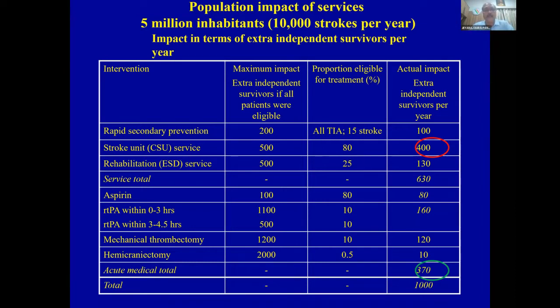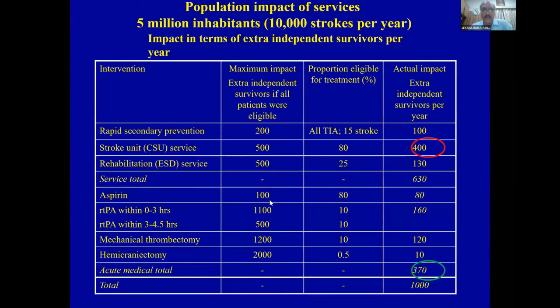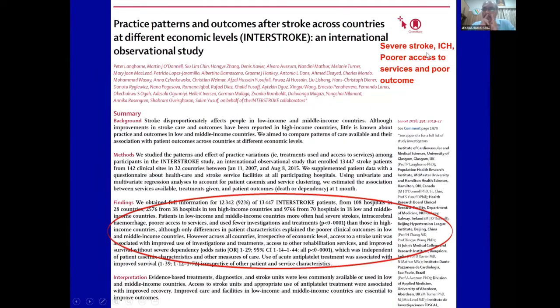If you look at this INTERSTROKE case control study, they looked at about 13,000 patients, and globally it was done in 108 hospitals in 28 countries. And if you look at the findings, in low and middle income countries, the patients had severe stroke, they had intracerebral hemorrhage, and poorer access to services, that is stroke services, and they had poor outcome.